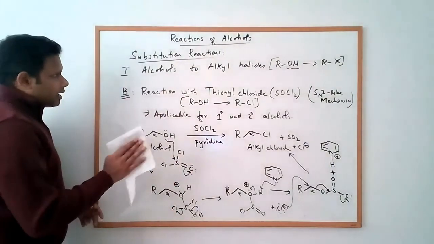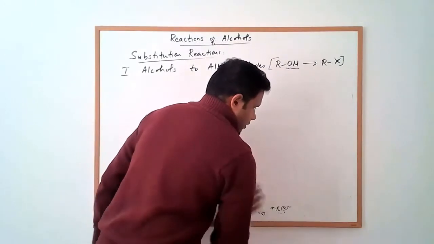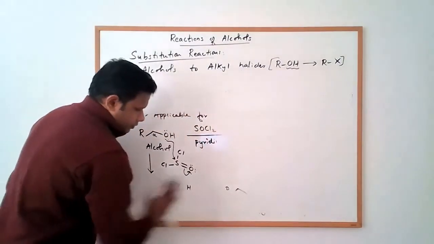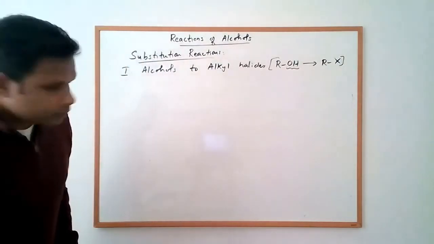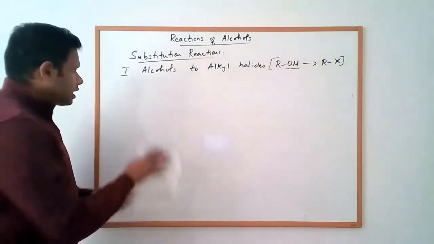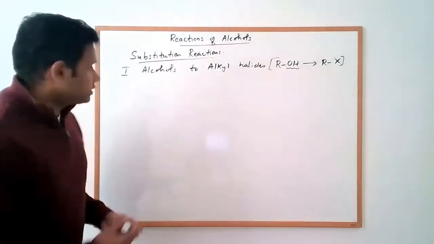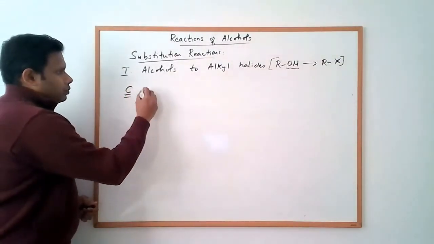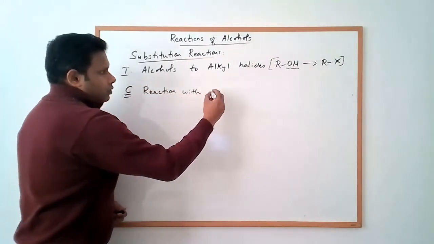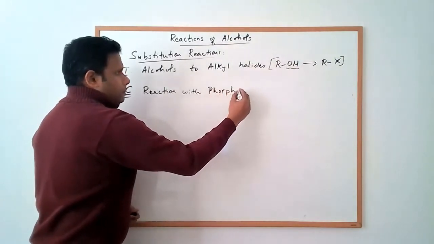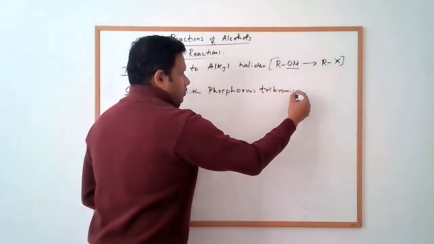Okay. One last reagent that will convert an alcohol into an alkyl bromide. Another reagent that can be used for converting an alcohol into an alkyl bromide is the reaction with phosphorus tribromide.